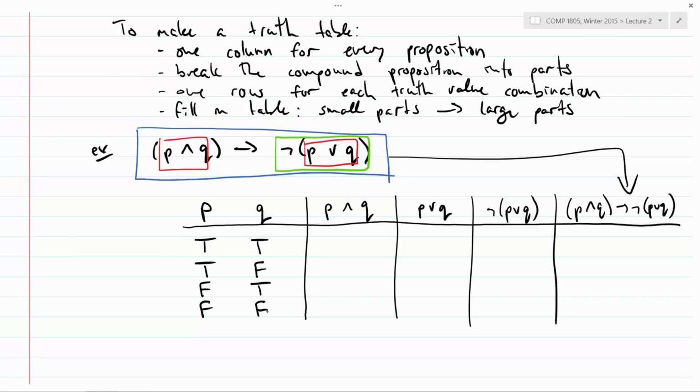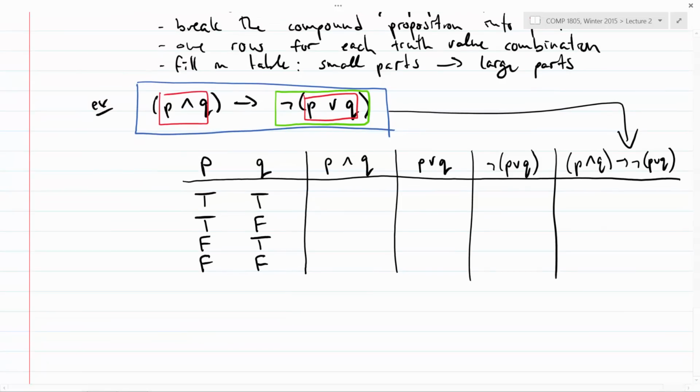All right. So now we have to fill this thing out, but that's not too bad, because now we just need to remember how the connectives work. So here's P and Q in the first one. If P is true and Q is true, then P and Q is true. Otherwise, it's false. So I've successfully filled out that column.